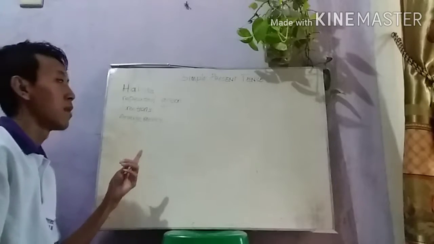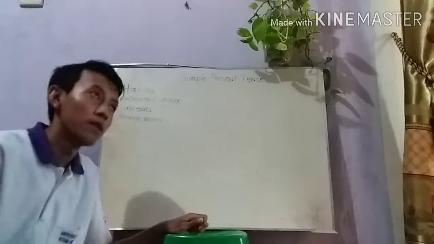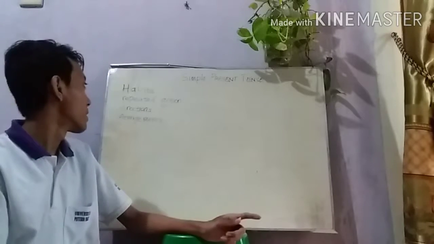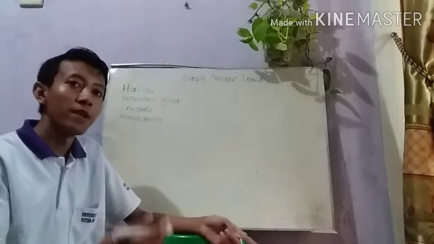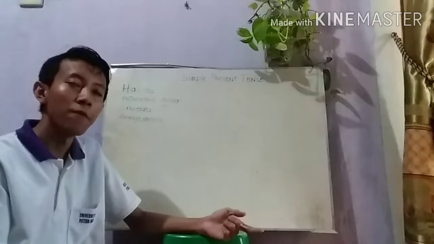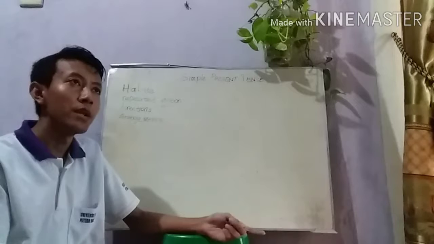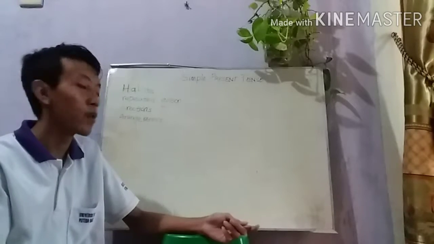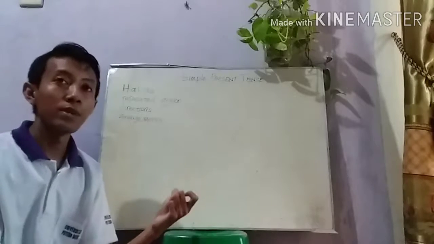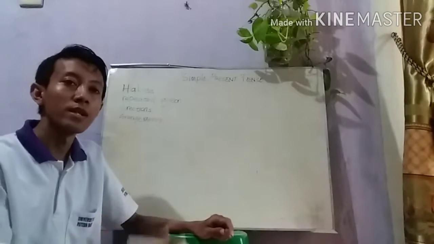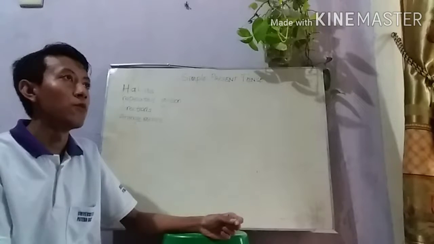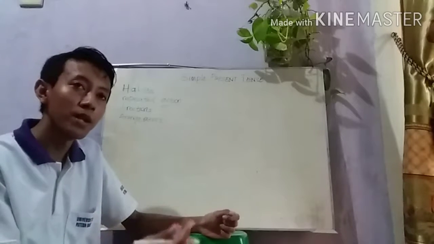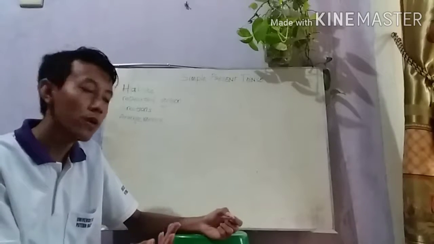If we use it for habits, we usually say like: I brush my teeth every night. She reads a book every day. He drinks tea at breakfast. And then there is repeated action, for example: we catch a bus every morning to go to school.